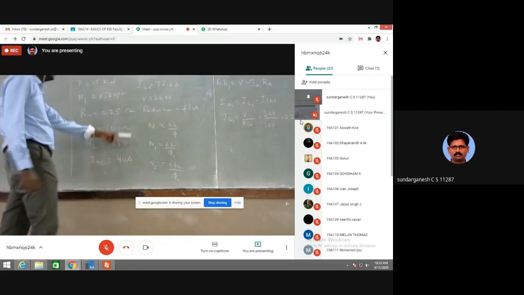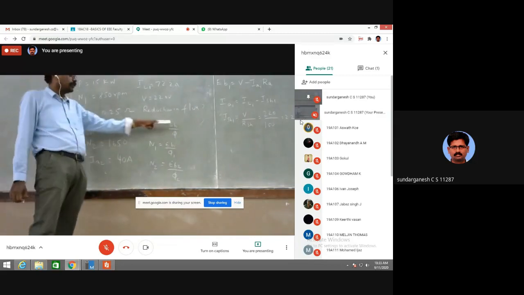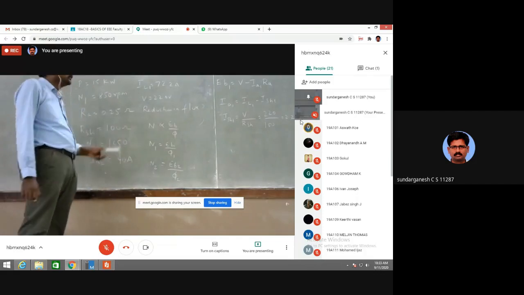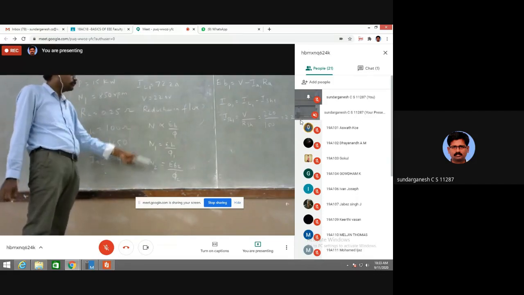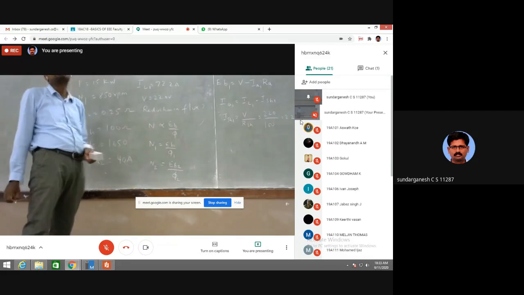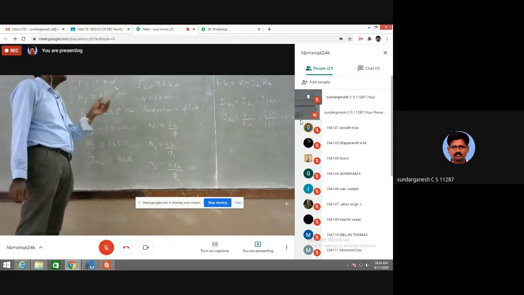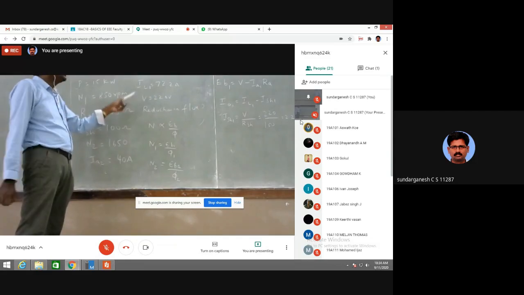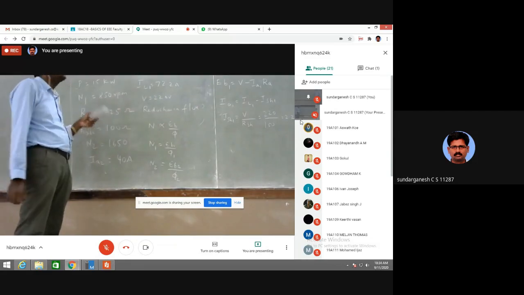So I am taking the first equation, N is proportional to EB by phi. Since there are two speeds, I am writing two equations. I know N1 and N2, so I have to find EB1 and EB2. The EB1 formula is V minus IA1 RA. I know V, RA is also known, I want to know IA1.